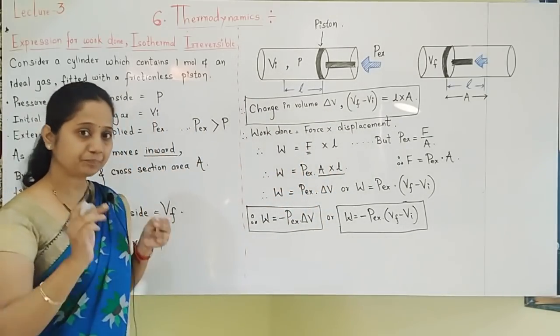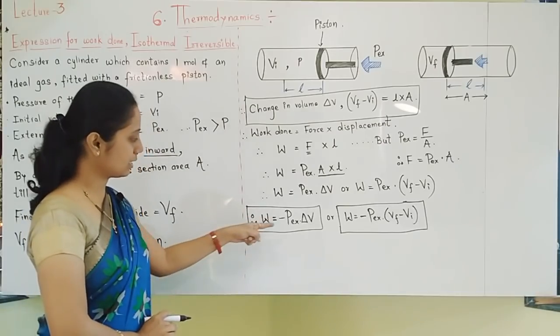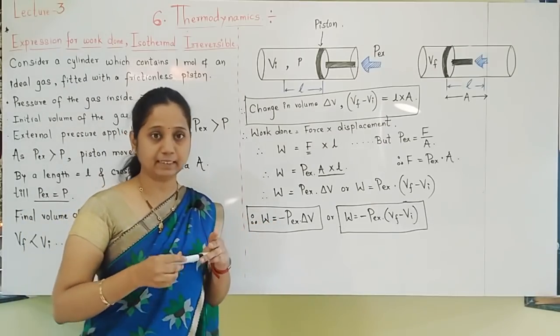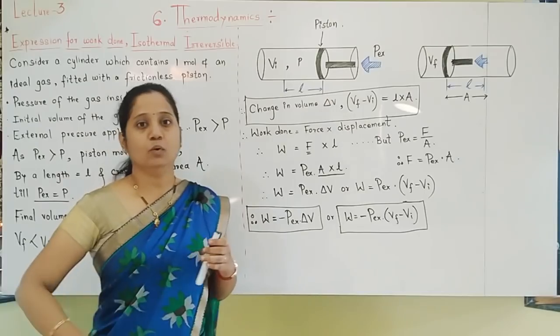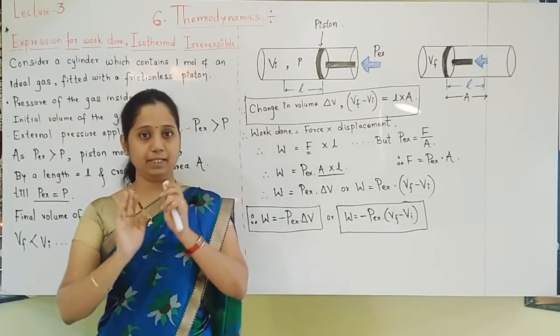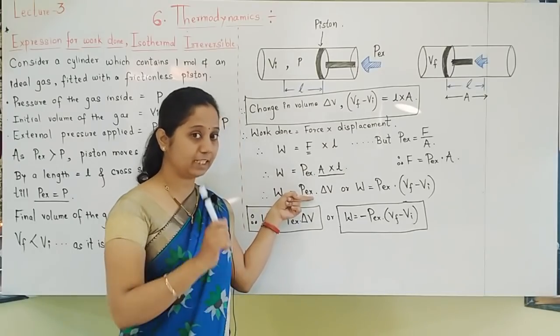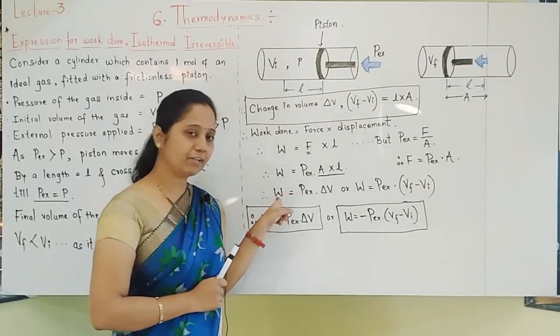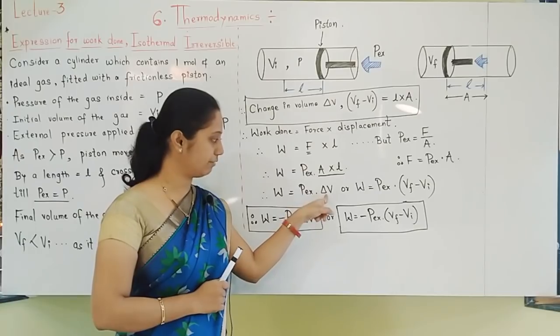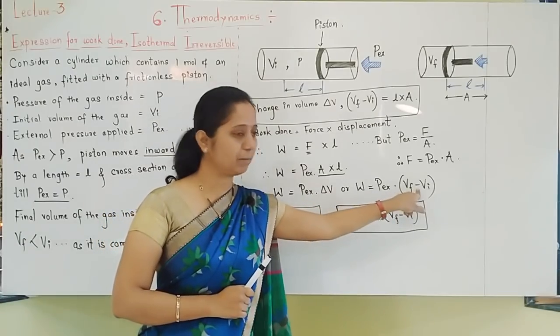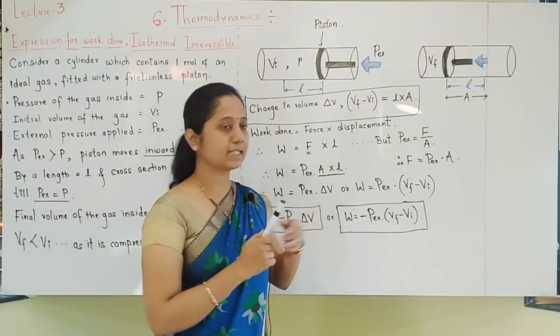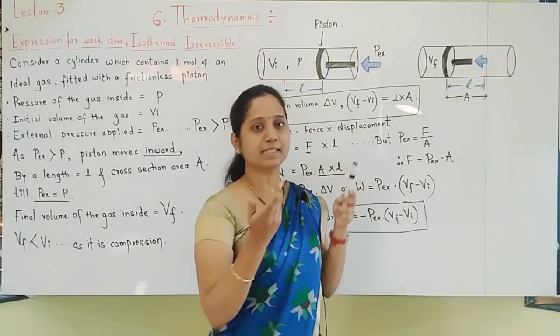Is it okay? Now students, understand why I wrote the minus sign. Work done can never be negative. But if I keep this much only, then what happens? We derived that W is equal to P external into delta V. Delta V means final minus initial. And we can understand very well that our final volume is less.